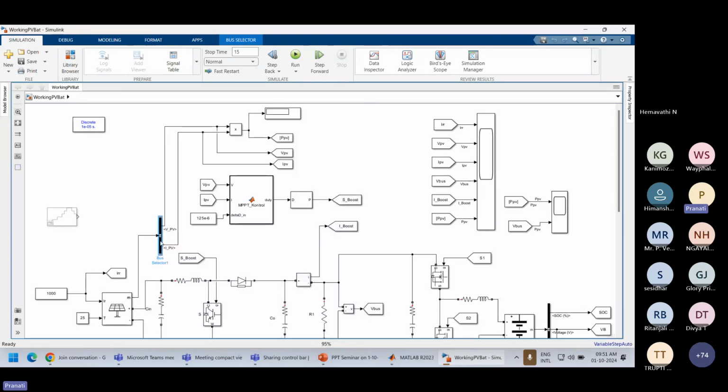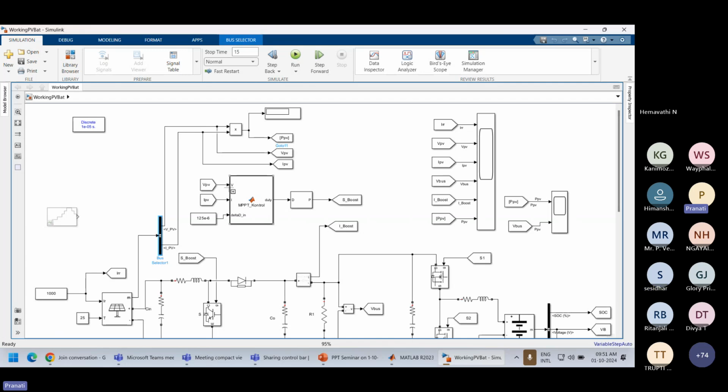This is called the bus selector, which goes to the MPPT algorithm. This is VPV and this is IPV. When they are multiplied, it gives the PV power. PPV represents the PV power.